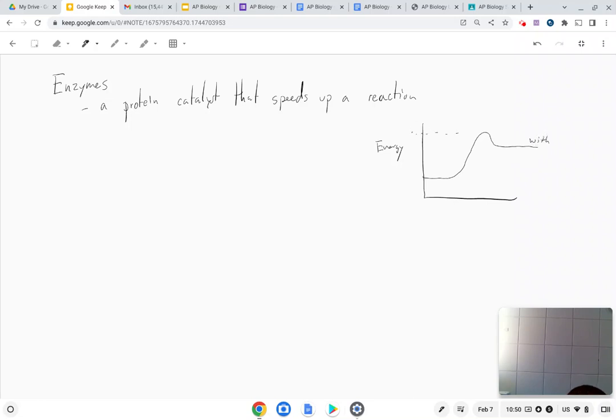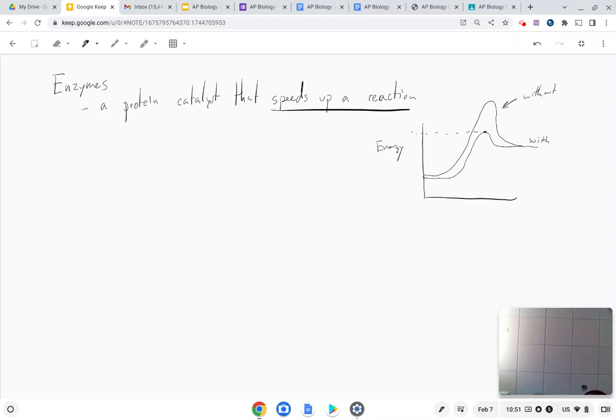This activation energy, which is the highest point right here, is relatively low. But without the enzyme, it would be much higher. There'd be a bigger mountain to be overcome. That would be without the enzyme. So you can see that when the enzyme is present, the activation energy is lowered, and that has the effect of speeding up the reaction.